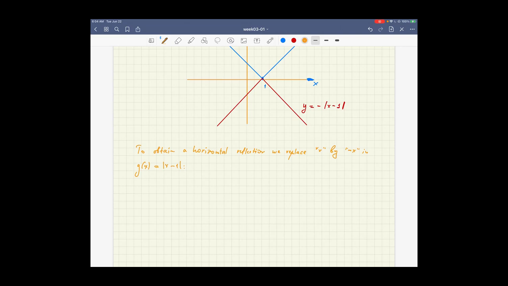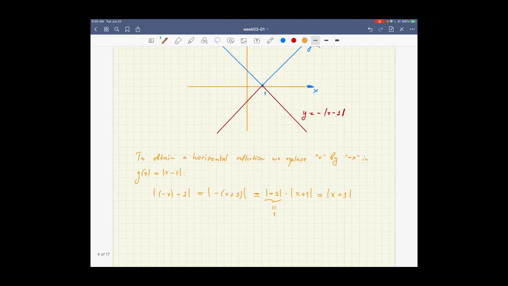So instead of absolute value of x minus 1, we actually get absolute value of negative x minus 1. I can factor out negative sign now. It will be negative x plus 1. And because the absolute value of a product is the product of absolute values, that's absolute value of negative 1 times absolute value of x plus 1. Of course, absolute value of negative 1 is 1. So that is simply absolute value of x plus 1.